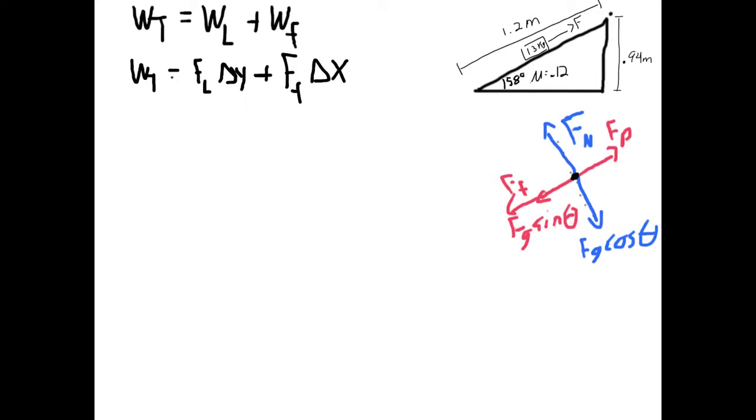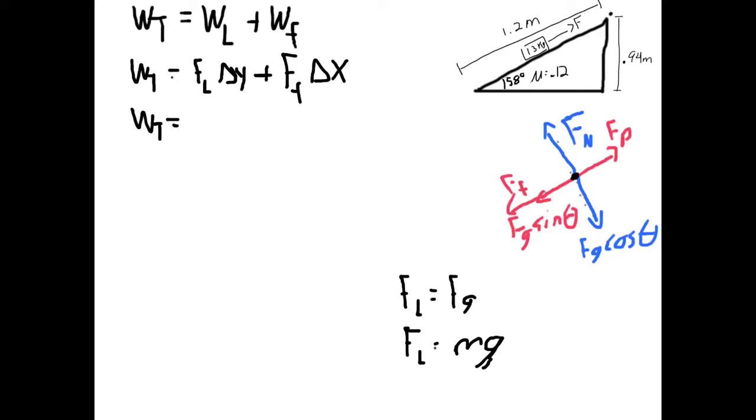All right, well, I don't know force of lift here, but that's relatively easy to find out. We did that in the last video, right? If you're going straight up and down at a constant velocity, then force of lift is going to equal your force of gravity, right? That was done in the last video. We set up a free body diagram to help us with that. So force of lift, in this case, going at a constant velocity, is going to equal mg. So I know this now.